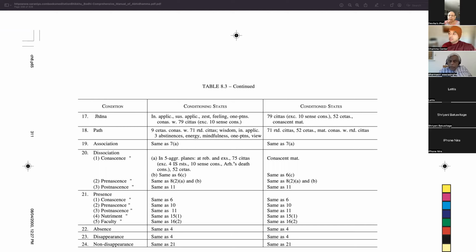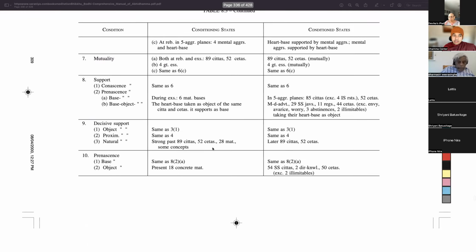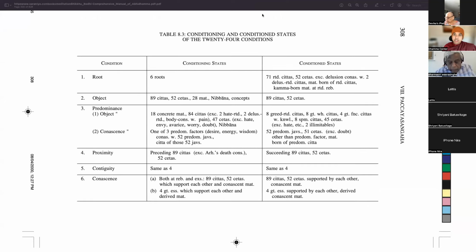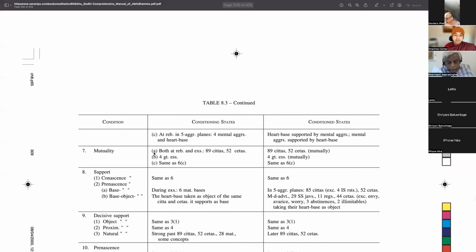However, my only concern is in Anyamanya Pachaya, with regards to the moment of rebirth and rebirth linking and existence, 89 chittas and 52 chaitasikas have to condition or support mutually. Mutuality is my only concern, Damsiri.